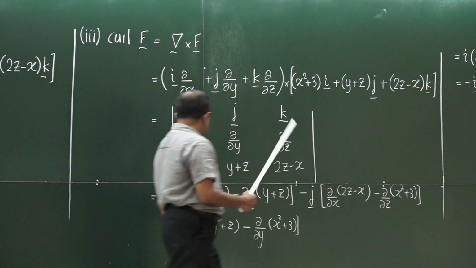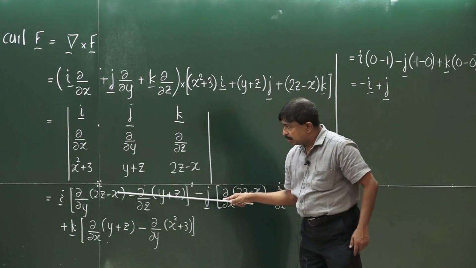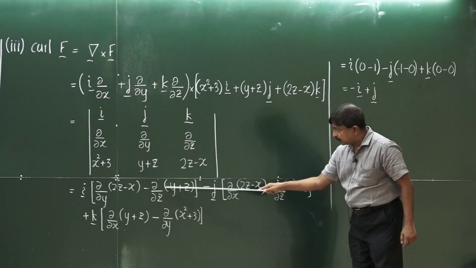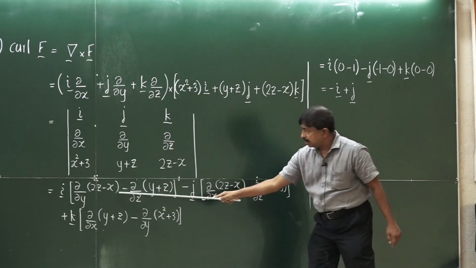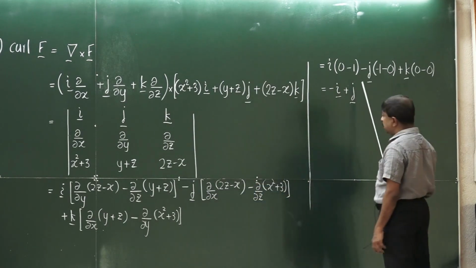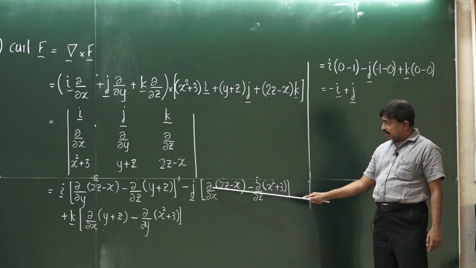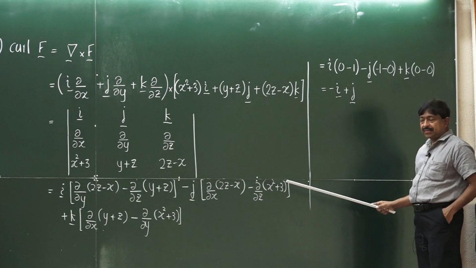Now, you simplify it. So, i times the partial derivative of this is 0 because it is free of y, partial over partial z of this one is 1. However, you have a minus sign here in front, therefore, it is minus 1. Then minus j times, here the partial derivative of this is minus 1, it is straightforward, no explanation is needed.